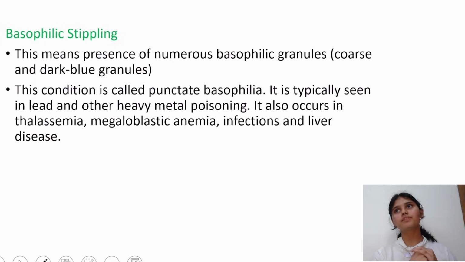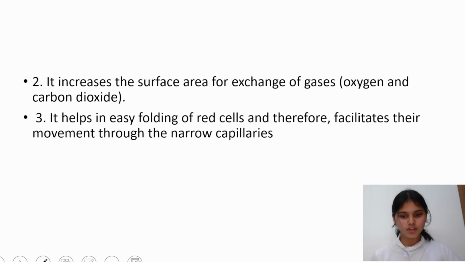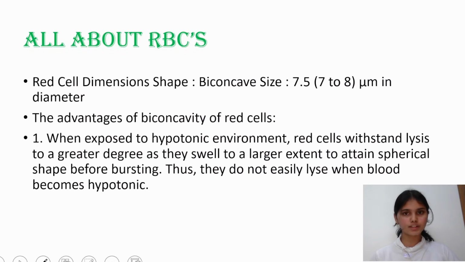A very beautiful concept I actually want to share here. You see this word megaloblastic anemia. When you read about the stages of erythropoiesis, you will notice that the RBC's original size is around 20 to 25 micrometer, which is huge, because the mature RBC's diameter is only 7 to 8 micrometer.